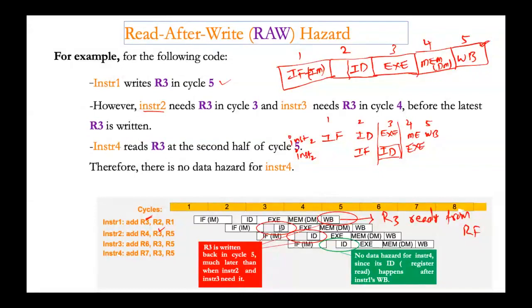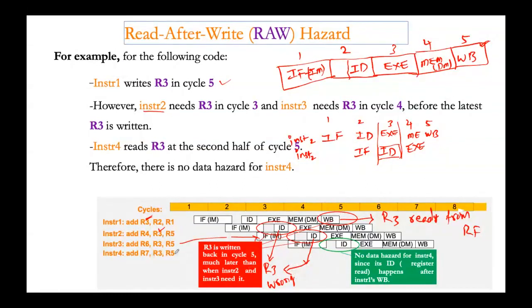If instruction 2 reads R3 during instruction decoding, that is a wrong value, which is not updated at this level. Similarly, for instruction 3, when it is entering the instruction decoding phase in the fourth cycle, the R3 value is still not updated. So the R3 read for instruction 3 will also give an incorrect value.